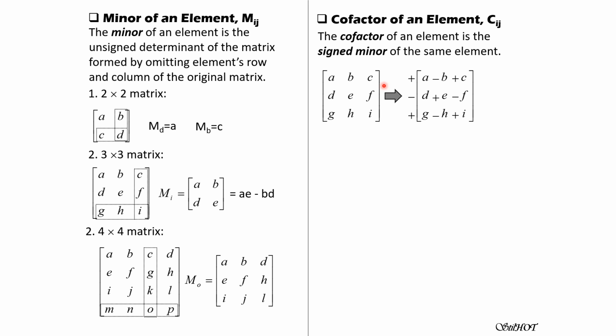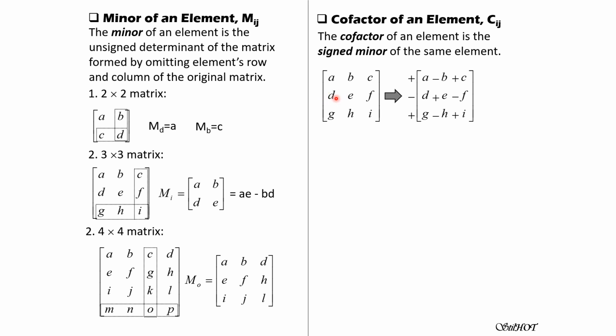So if the sign is plus, then the minor and cofactor are the same. So in general, we have a negative sign when the sum of the row and column position of that element is odd. So for instance, this is row 2, column 1, 2 plus 1 is 3. That's why the sign is negative 1.